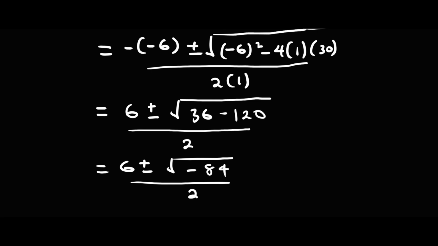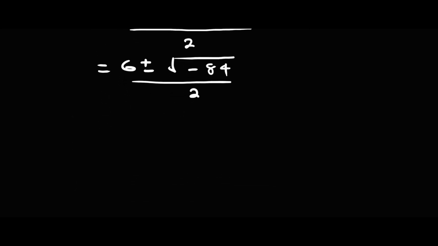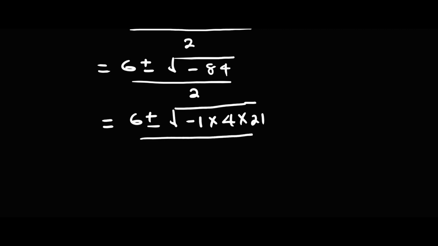So we can rewrite minus 84 differently. We can write it as 6 plus or minus, under the root we can have negative 1 times 4 times 21, and that is over 2. So under the root we have a square, that is 4. So it means the square root of 4 is 2. Then under the root we have 21.